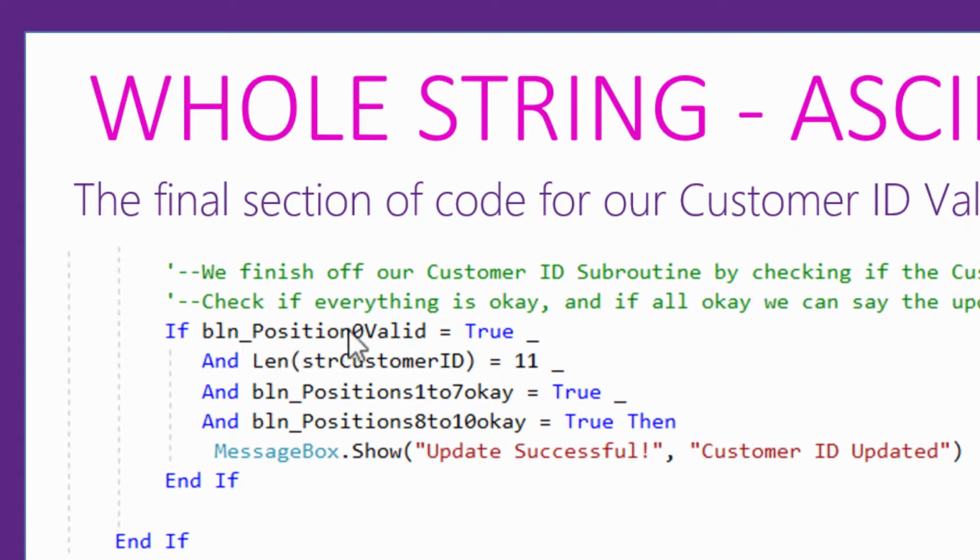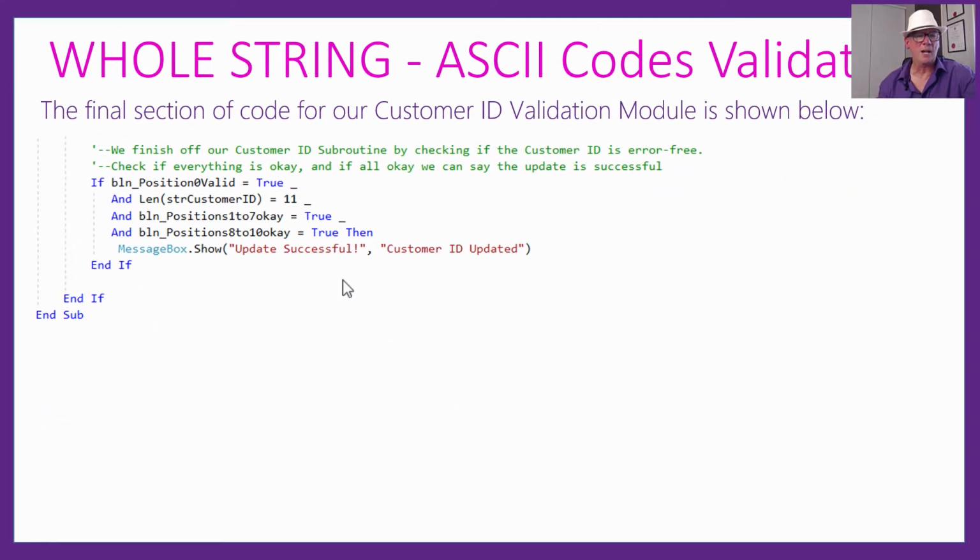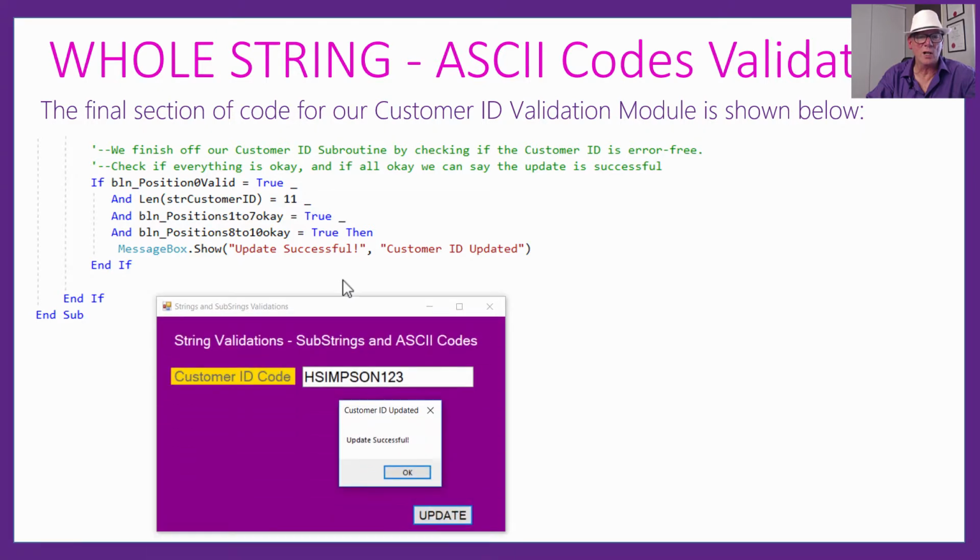We're just going to say, okay, if position 0 was okay, if the thing was 11 long, if 1 to 7 checked out okay, that they were letters or spaces, and if 8 to 10, those last 3 positions are numbers, if all of that's good, well, then we're just going to say update successful, yay, customer ID updated, and just let them know that clicking that update button worked okay because all of the data was all right. We're not actually going to update it and write it to a file. That's later in our course, we do stuff like that. But we'll just give them a success message so they know something happened and something's really good.